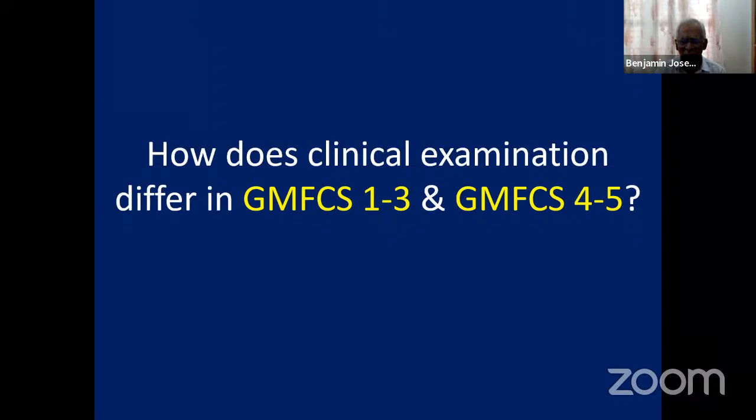Apart from that, I don't spend too much time. If there is a valgus of the ankle in a child who doesn't stand and walk, it's immaterial. But if there's a severe equinus which precludes sitting comfortably or resting the foot on the ground, I may do something for that. I may want to know if the hips can be abducted sufficiently to prevent problems. So I'm going to focus much more on the hips than elsewhere.